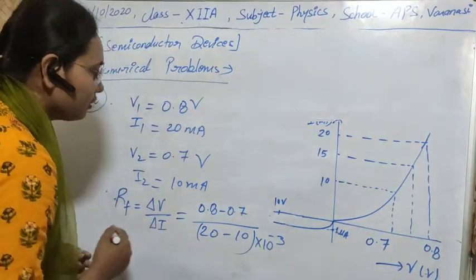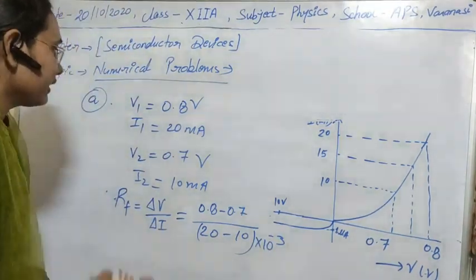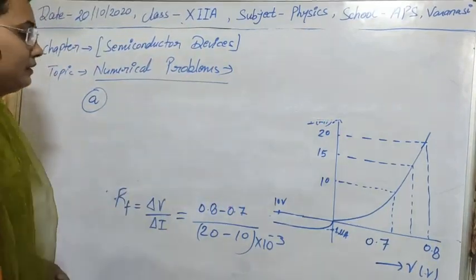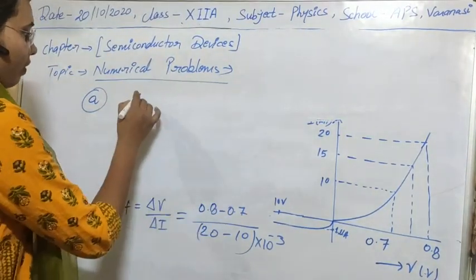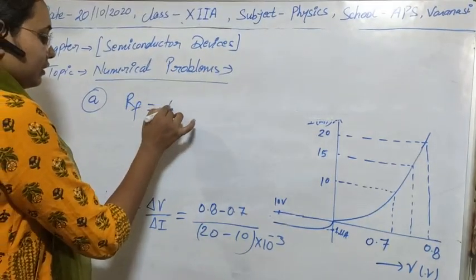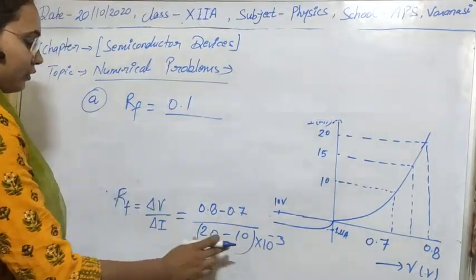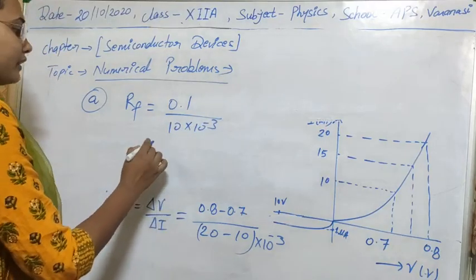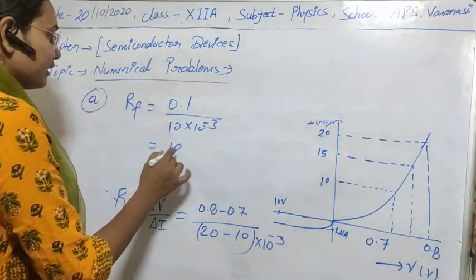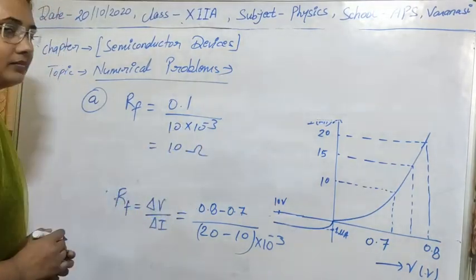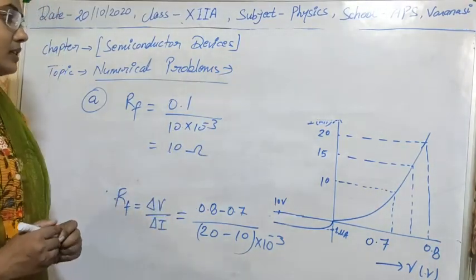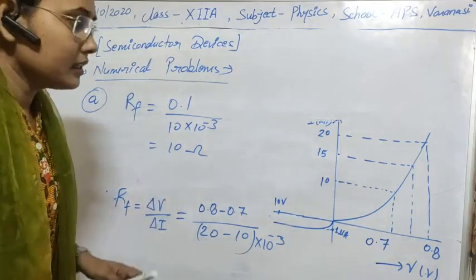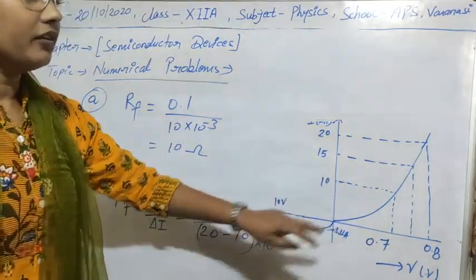After solving, we get RF equal to 0.1 upon 10 into 10 power minus 3, so the value is 10 ohm. You can easily solve it. So this is the resistance in the case of forward bias.